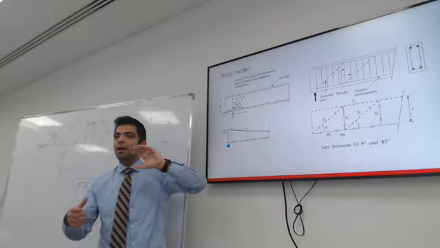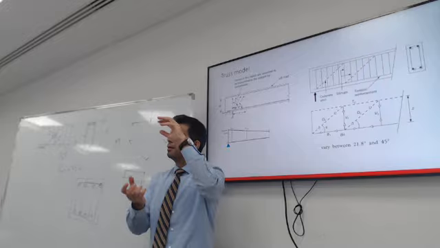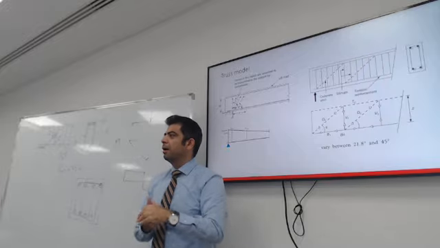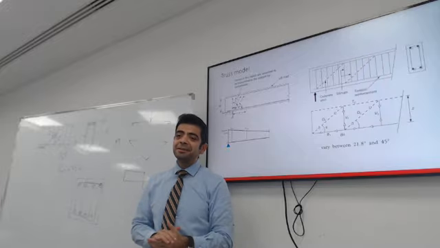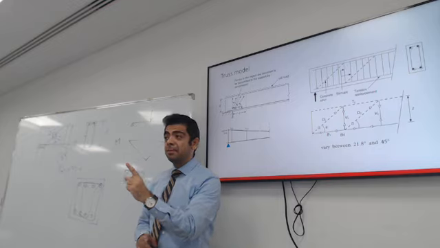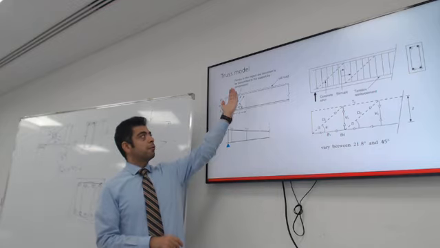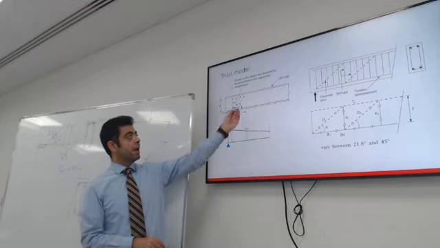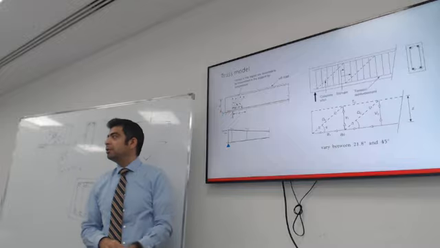It doesn't affect the tensile capacity or the tension cracking in the concrete. Having said that, if the load is not from the top, it's from the bottom, I need to consider the shear all the way to the face of the support.